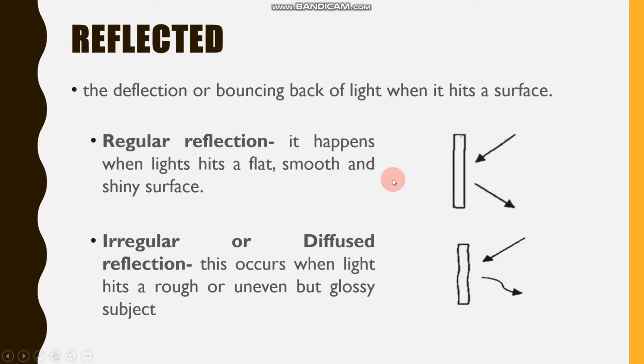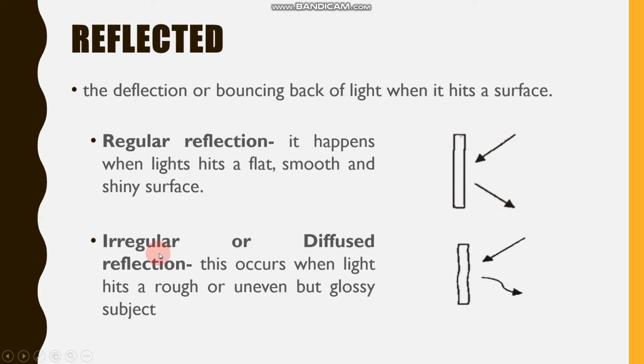And then, kay regular reflection, it happens when light hits a flat, smooth, and shiny surface. So, ang ibig sabihin lang naman yan, yung tinamaan ni light is a smooth surface. Kaya naman yung kanyang balik, o yung kanyang reflected rays is diretso lang din.